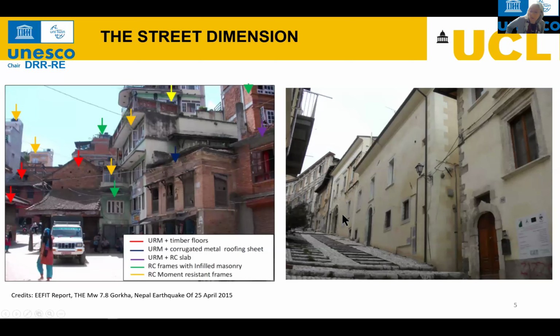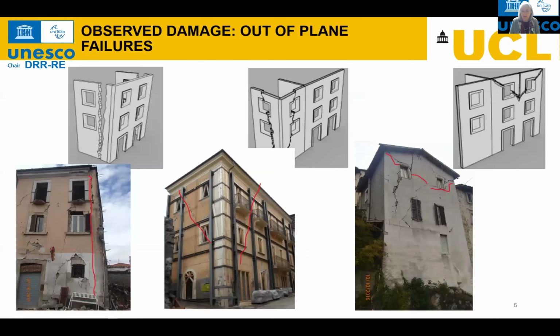And we can also identify the fact that they are very irregular buildings. So how do we actually determine that? So let's then go down to the individual building.